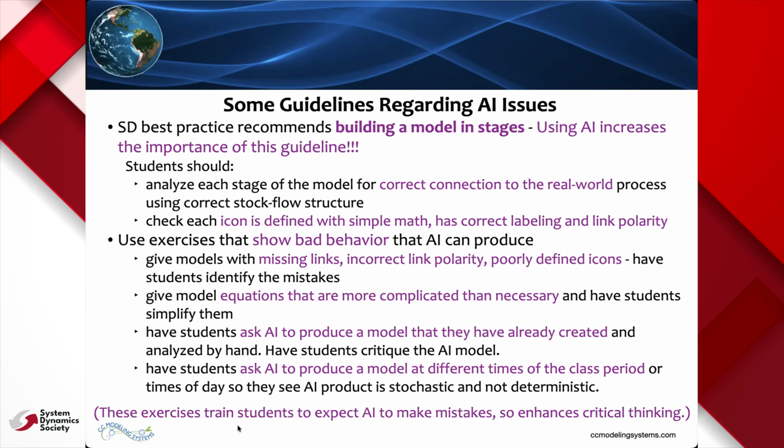These exercises train students to expect that AI is going to make mistakes. So it enhances the students' critical thinking to analyze each thing that AI is giving them to see if AI is giving them a good product that makes sense that they can use to go to the next stage.